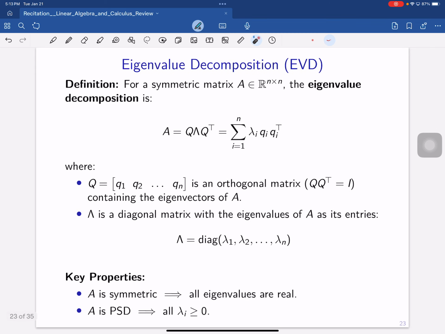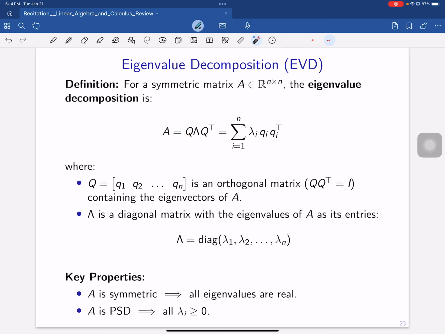Okay, so this slide is perhaps more interesting. Did you guys study eigenvalue decomposition in the previous semester? Okay, so if you have a symmetric matrix, you can decompose this matrix using eigenvalue decomposition, where the Q matrix is what is called an orthogonal matrix, right?